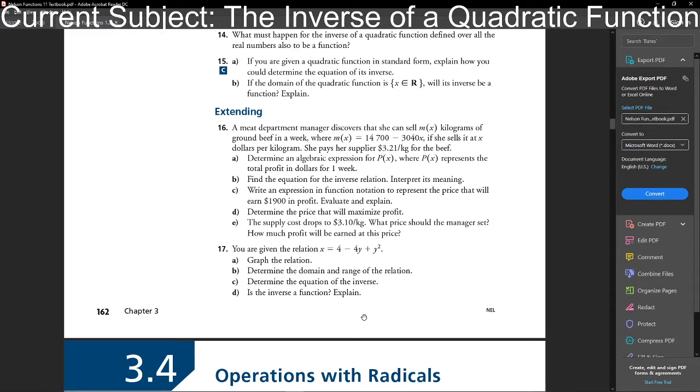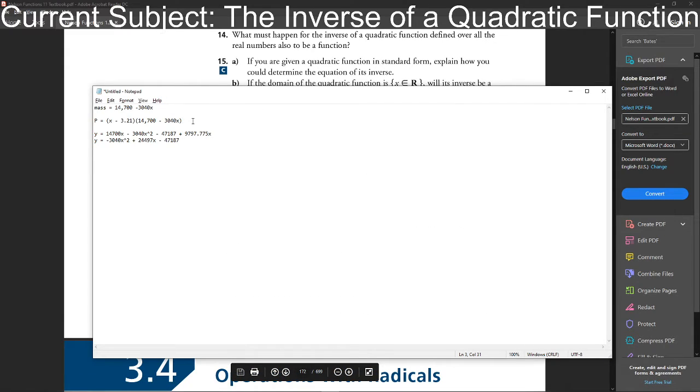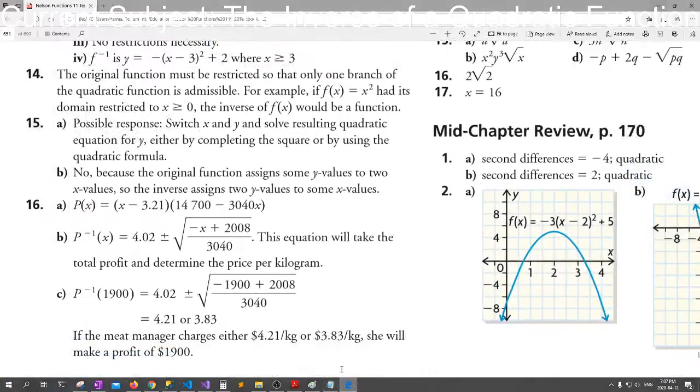Find the equation for this. So we have this. So, are you saying we shouldn't even solve it? Just literally swap x and y and not even bother with finding the inverse? Let's see what they think.